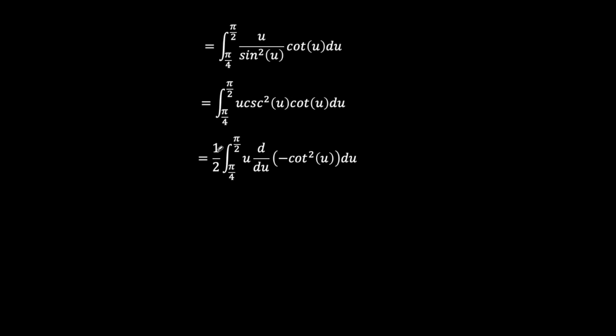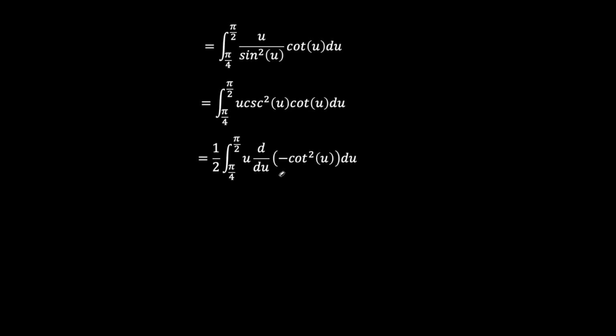Also notice we have a half here because when we differentiate cotangent squared, we'll have the constant of 2, and since we don't have that constant here, we have a constant that is supposed to negate the two. So we have our half here to cater for this squared.